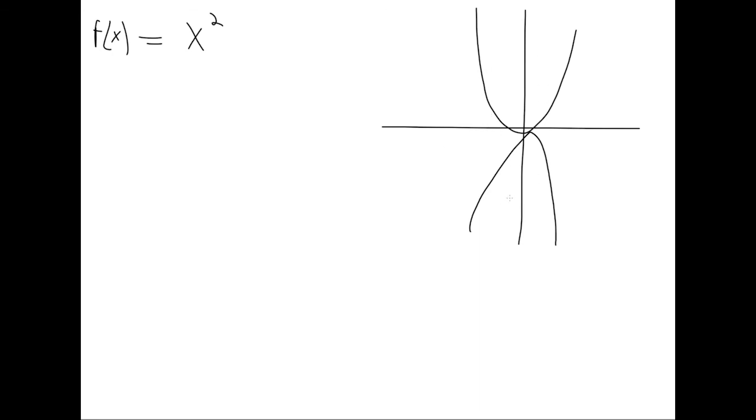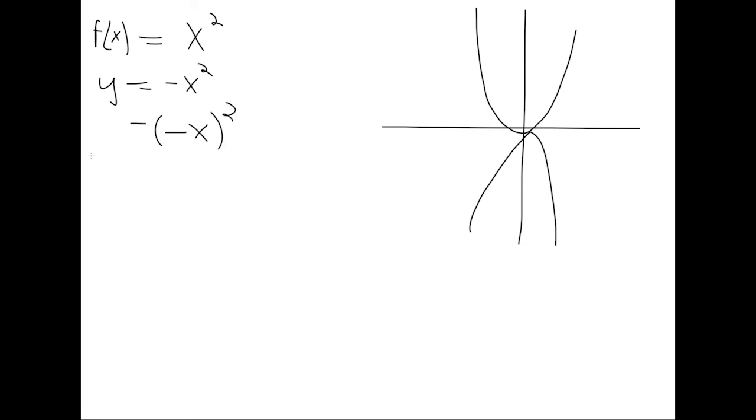When you reflect it across the x-axis, you're basically saying that y is going to be the negative of what it once was. So we're saying y equals negative x squared. But when we reflect it across the y-axis, we're changing the x, so we would have to say negative x in brackets squared.